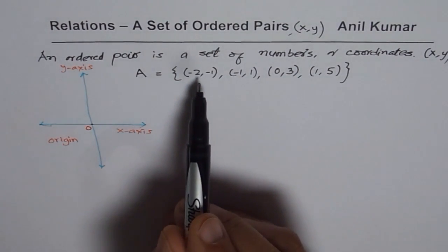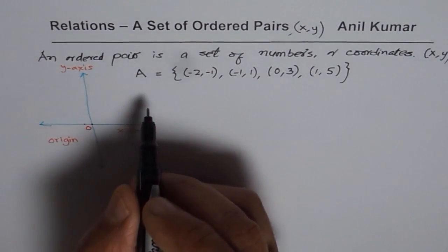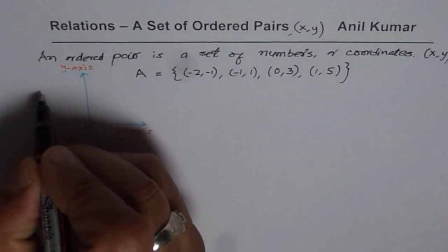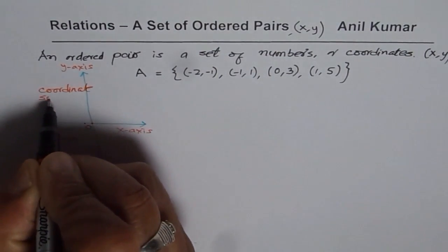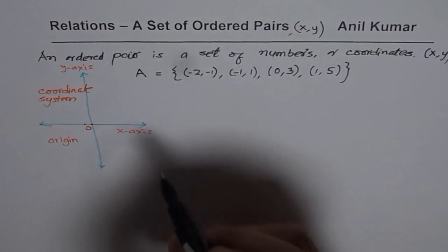Now these points could be represented on a coordinate system. Let me write down the words coordinate system, with 4 different points.